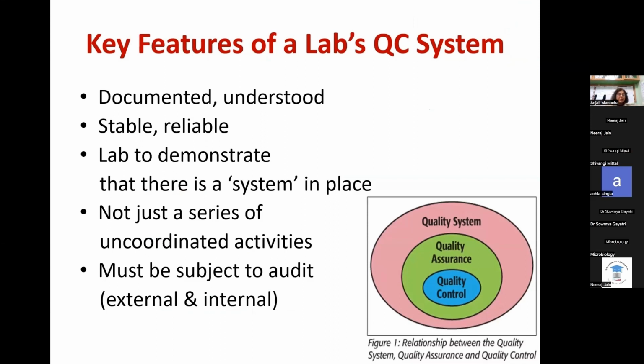Now, if we have a lab in, say, the Hindi heartland, say in Uttar Pradesh, where most of the technicians understand Hindi, and we have the SOPs written in English, it is not going to help. Or it is written in maybe Tharoor's English, which is very complicated. So it has to be documented in such a way that it is very easily understood by each and every staff member.